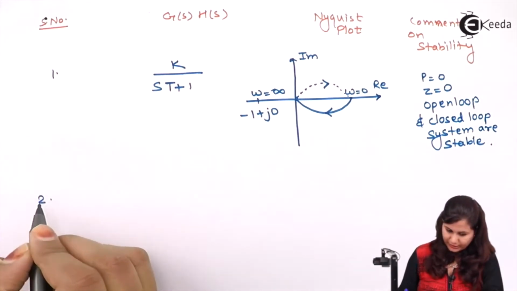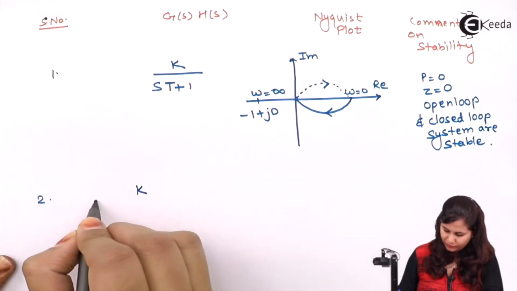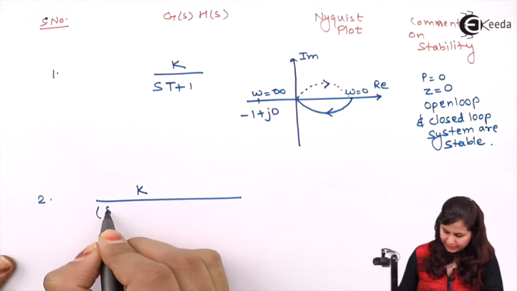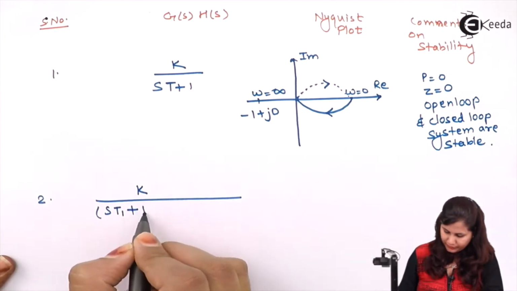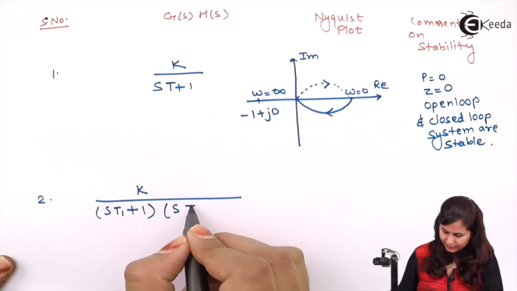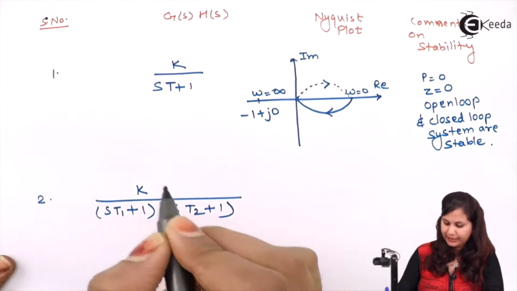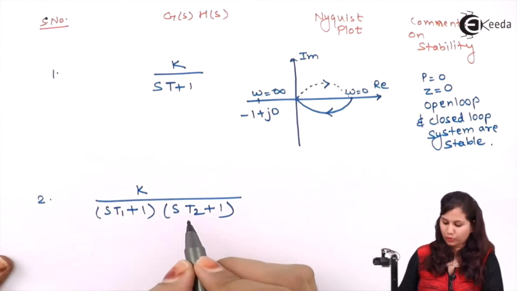Now for the second transfer function, we have (sT1 plus 1) and (sT2 plus 1). That is, we are adding a pole.